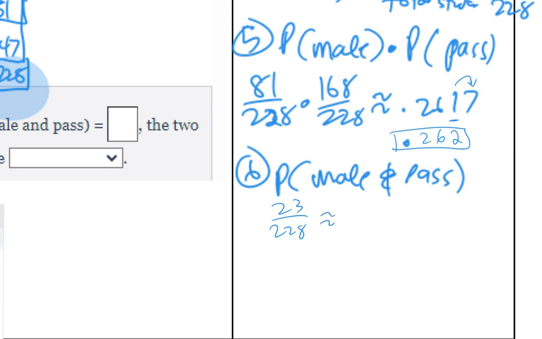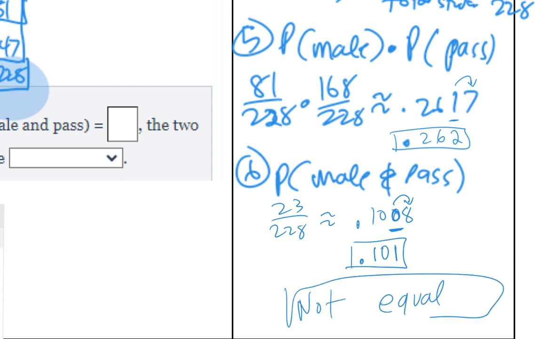If we put that into our calculator, that's going to give us approximately 0.1008. And once again, we said we wanted to go to the nearest thousandth. So we look at that 8 to tell us what to do with that 0. We're going to raise that to a 1, then bring down that 0, then the 1. So that's the answer on 6. So what did we find? Well, we know that they are not equal.